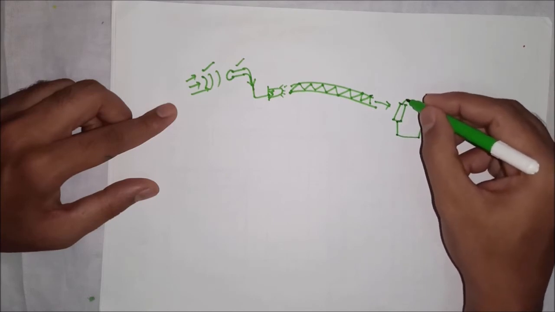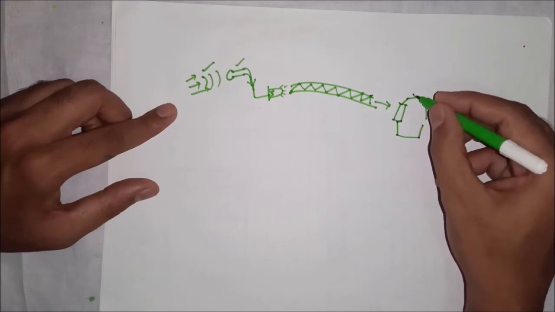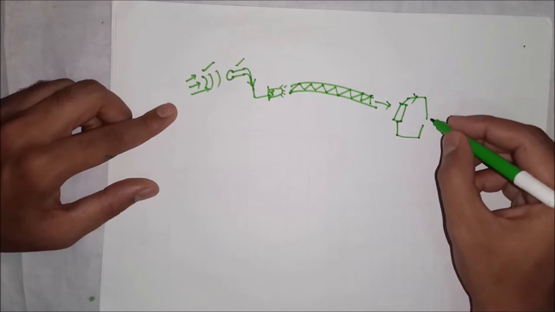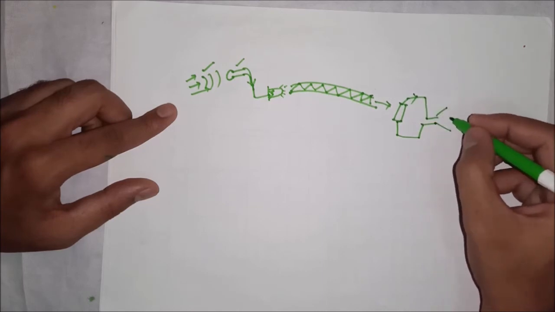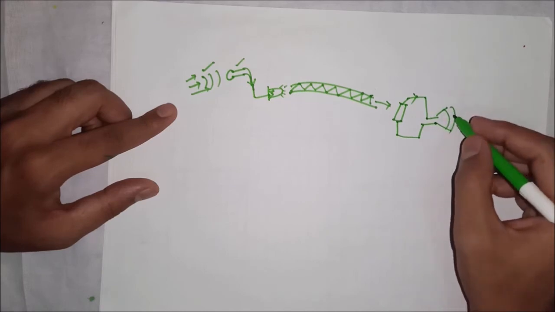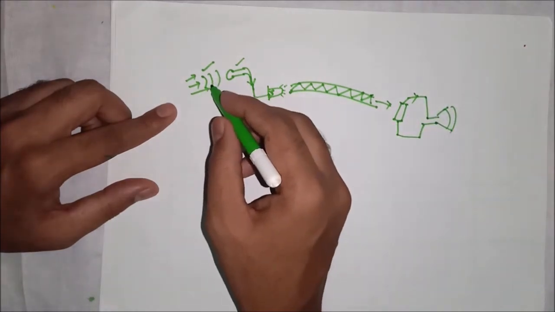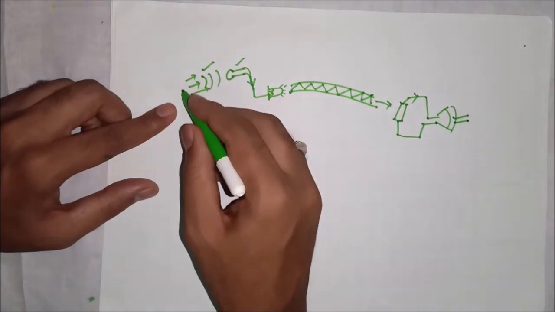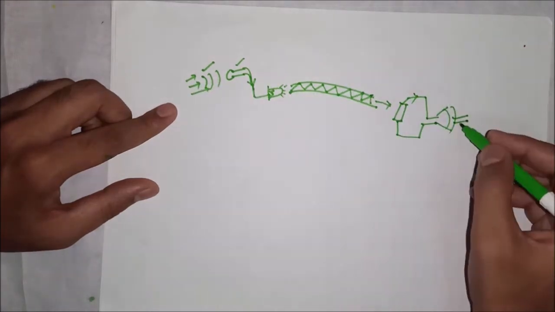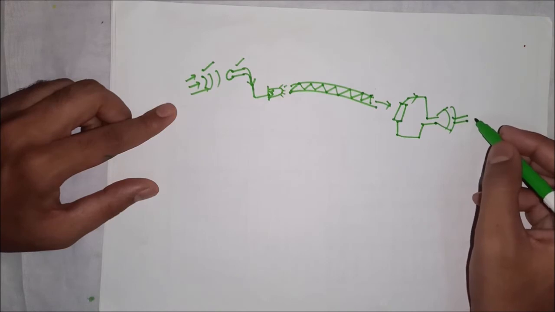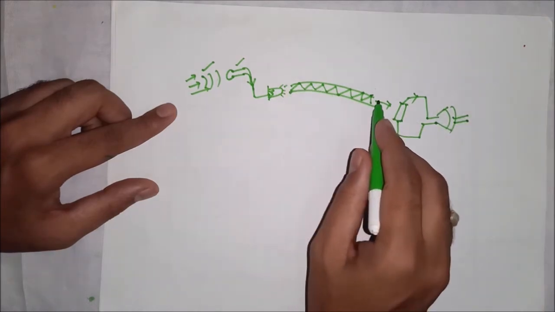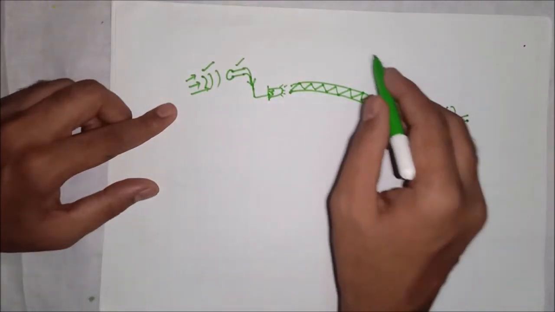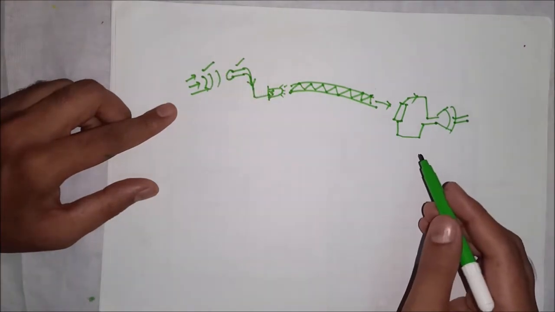We get the electrical energy here, and this electrical energy is connected to the loudspeaker, and whatever I am talking here, I am able to receive it here. So somebody is speaking here, I can receive it through the optical fiber, and such communication is called optical fiber communication.